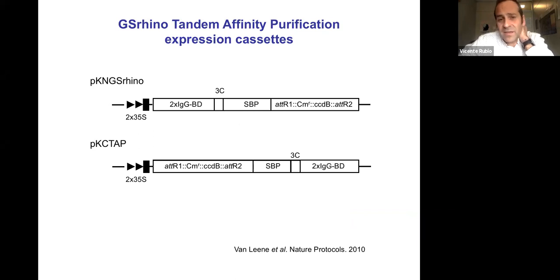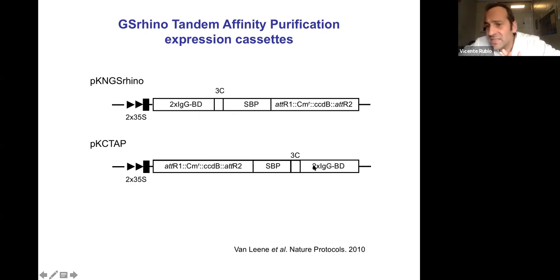This is pretty nice because it allows carrying out all purification steps under cold conditions, which stabilizes the protein complexes and impairs their degradation. They have generated a large collection of different constructs using what they call the GS rhino tag, based on the IgG and streptavidin binding protein and the rhinovirus 3C protease, for fusions at the N-terminus and the C-terminus.